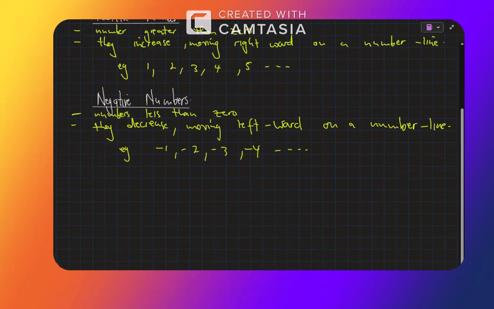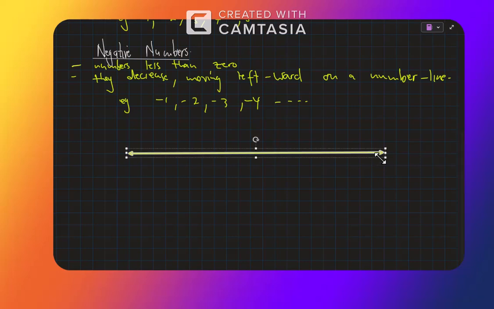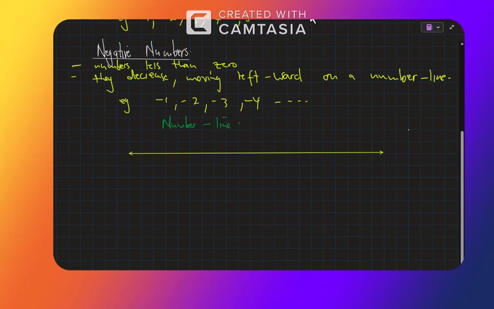To show you, a typical number line is like this. At the middle of the number line, we have 0.